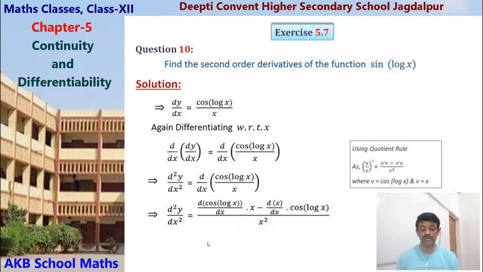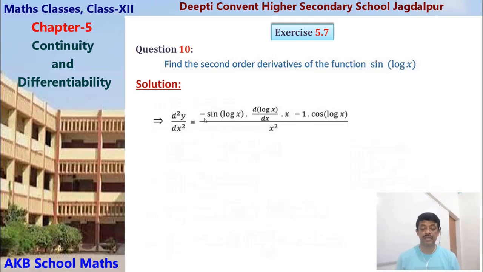Now differentiate cos log x, which gives minus sin log x, times again the derivative of log x, into x, minus dx by dx, 1, times cos log x. Clear?